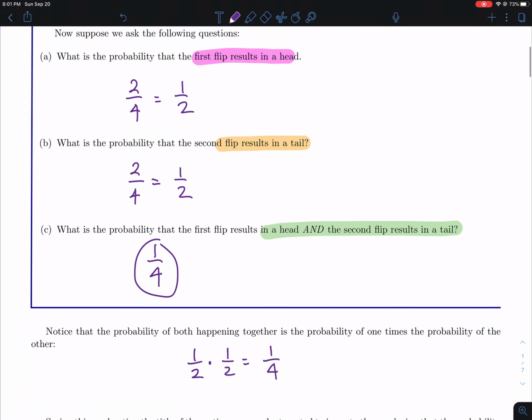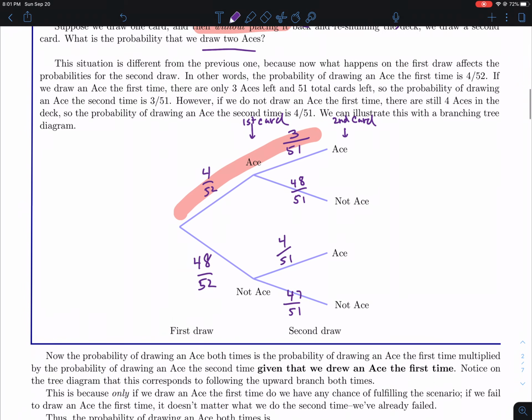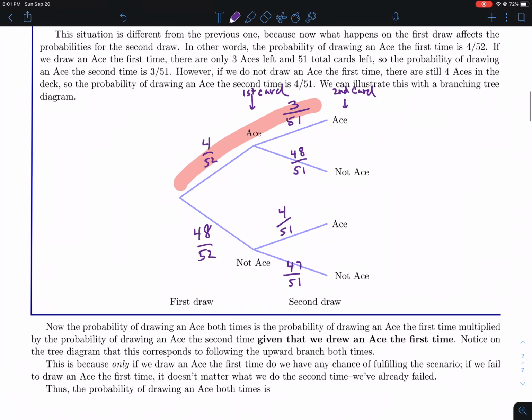The second example is what's called a dependent event. It's dependent because we threw that 1 card away, and because of that, the second probability ended up being different. Sometimes it's called conditional probability. Usually I'll just use the word independent or dependent for these.